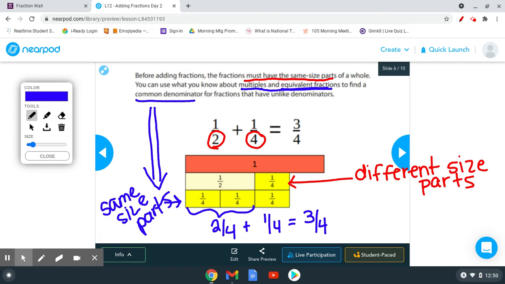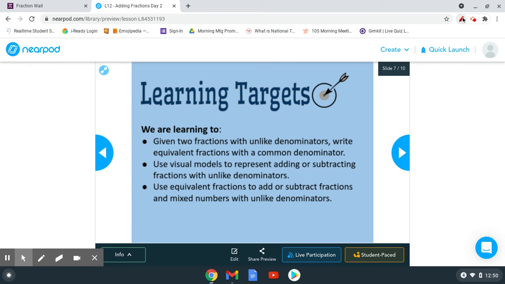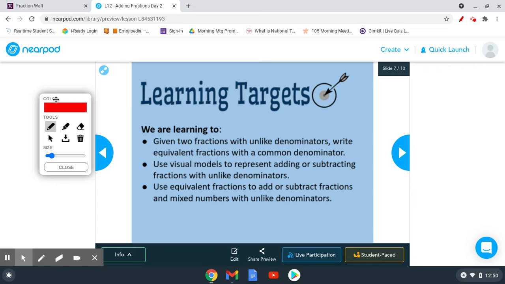Now that we talked about some of the really important pieces that are involved when adding fractions with unlike denominators, let's take a look at our learning targets and another example. All right, so in this new lesson, we are going to be focusing on the following 3 learning targets.